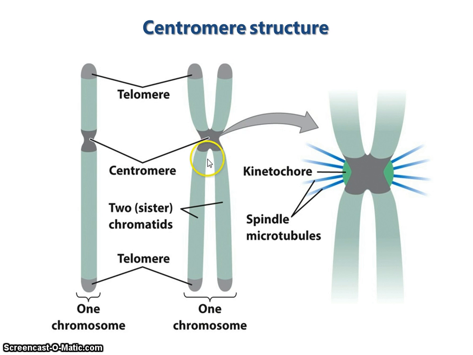For now, when we think about centromeres, we're going to be thinking about a single location somewhere on the chromosome that is highly repetitive in DNA sequence, tends to be transcriptionally silent, and is a region where spindle fibers attach during metaphase and anaphase.